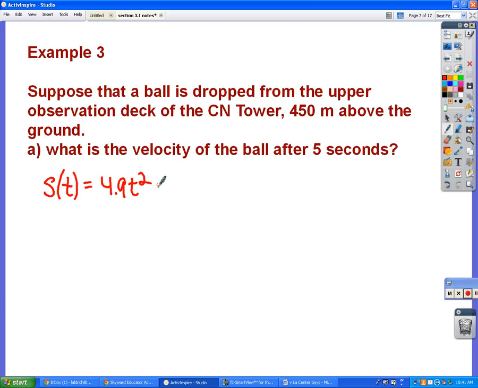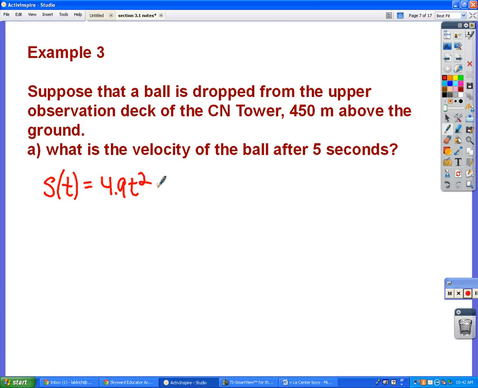That's from physics. Now we're going to use the derivative to figure it out. S is position, V is velocity, A is acceleration. I don't know why they use S for position, but they do.